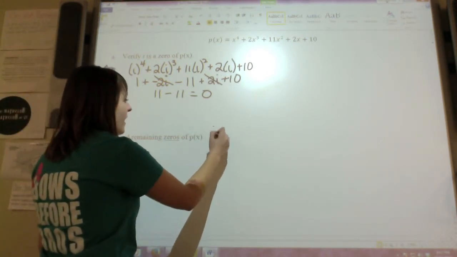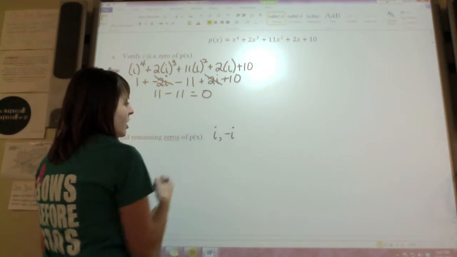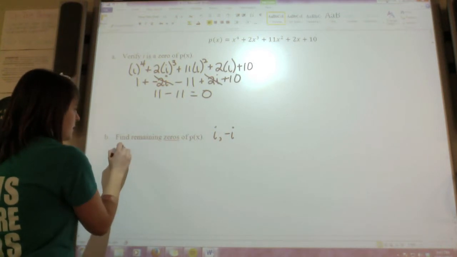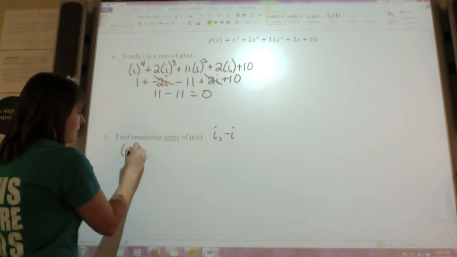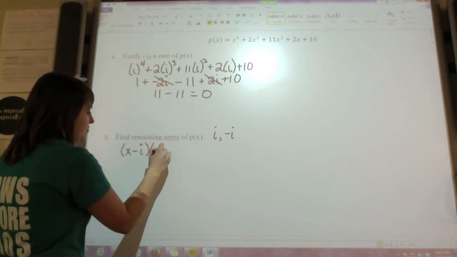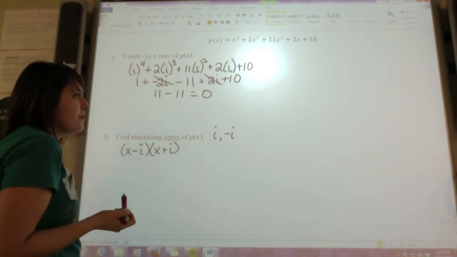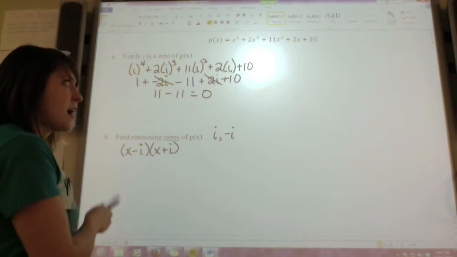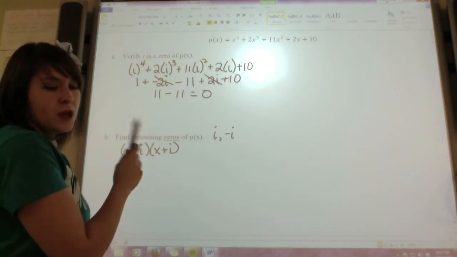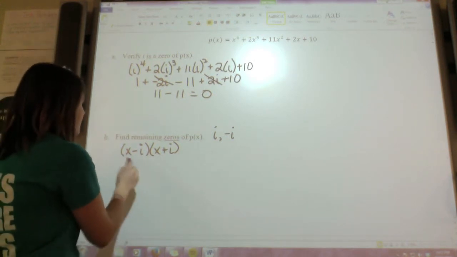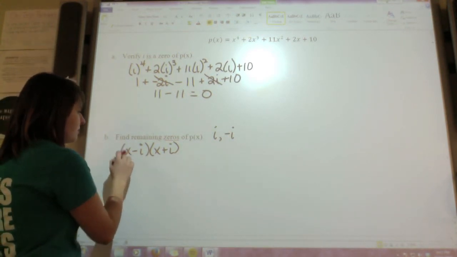So if I know that i and negative i are both zeros of this function, I can write those as factors. So as factors, this would be x minus i and x plus i. It'd be easier if I factored them out both at the same time. So what I'm going to do is multiply these together. So I'm going to FOIL.